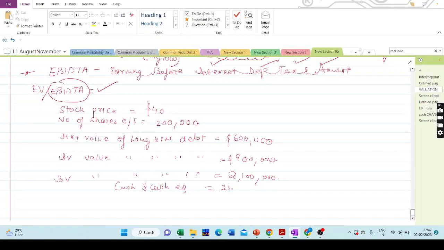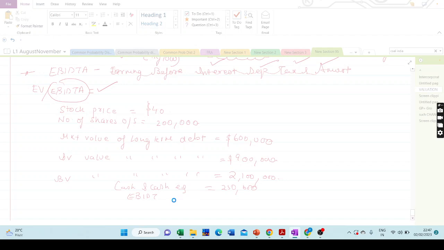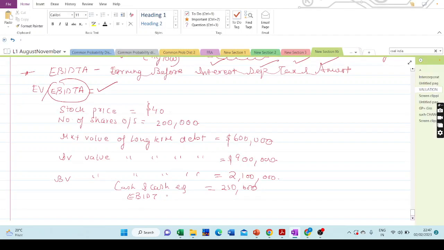And EBITDA is 1 million. Calculate EV by EBITDA.